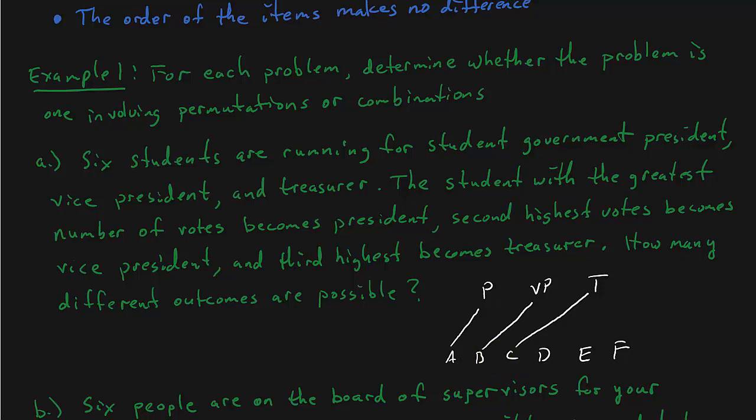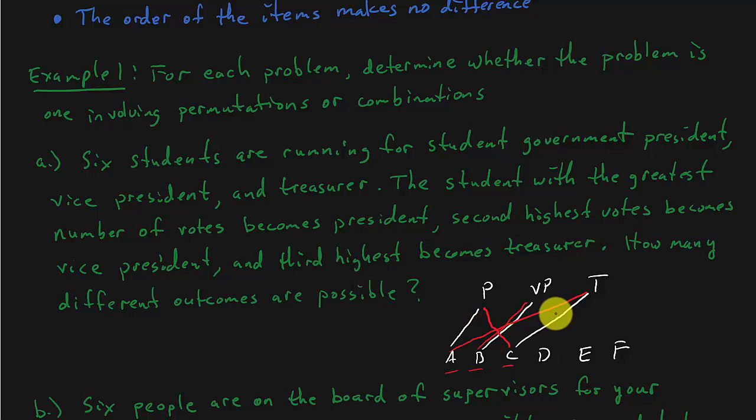Well, let's suppose that this is selected where C gets the most votes, and then B gets the second most votes, and then A is the third. Well, you can see that it's the same 3 people, but the order of the number of votes received was different. And now, instead of A being president, B being vice president, and C being treasurer, now C is president, B is vice president, and A is treasurer.